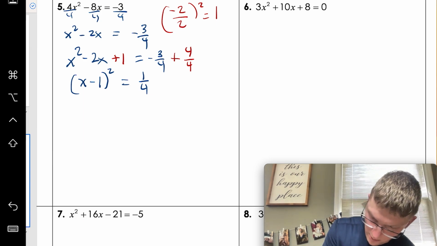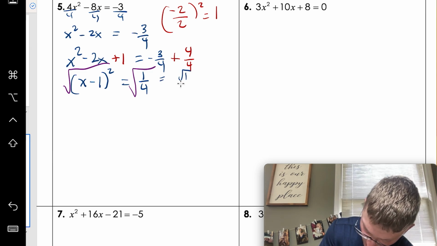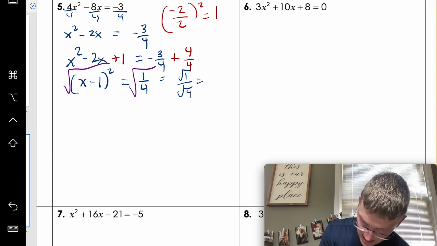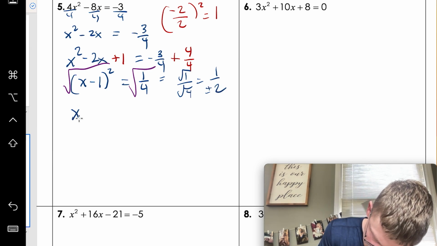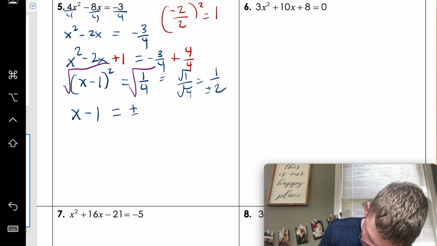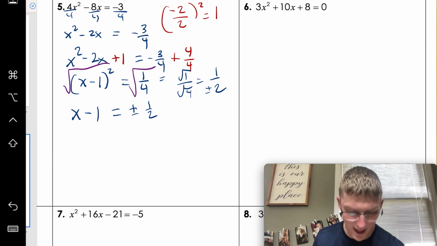Okay, square root both sides, which is the same as square root of 1 over square root of 4, which is the same as 1 over plus or minus 2. So what we're going to have is x minus 1 equals plus or minus 1/2. That's not too bad. We can deal with halves.